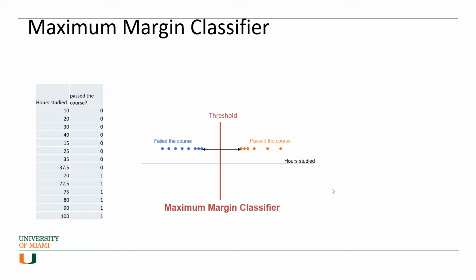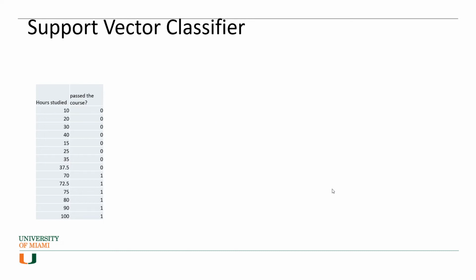So all is good now, but let's see what happens when we have some outliers in our data set. In this example, suppose that there was a new student that was added to our class who, despite studying 70 hours, ended up failing the course. And that is going to be the new visualization of our data.